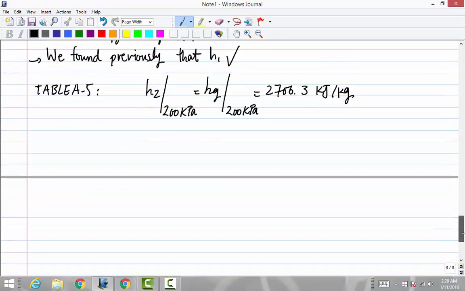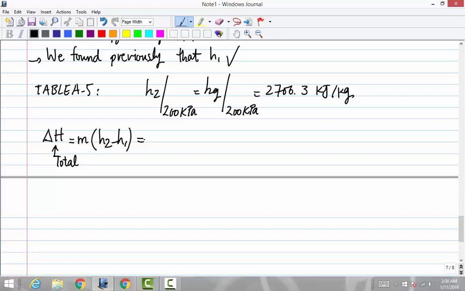And please note that the question is asking for total change in enthalpy, so capital H is total. We need to multiply everything by mass, so m times (H2 minus H1). The first section was asking us about mass just to help us here.